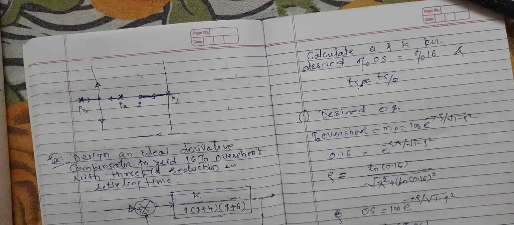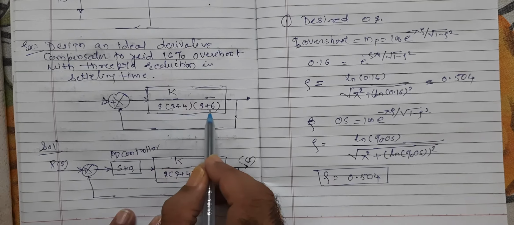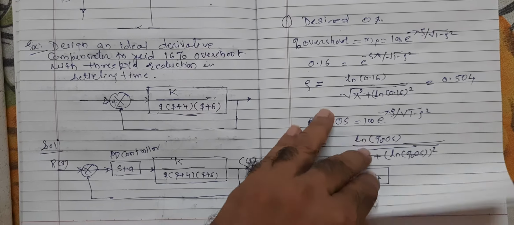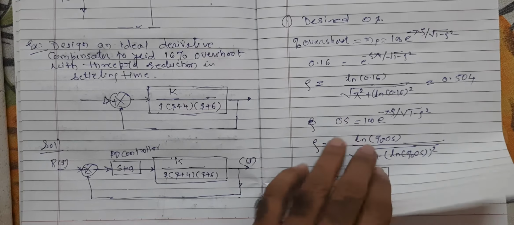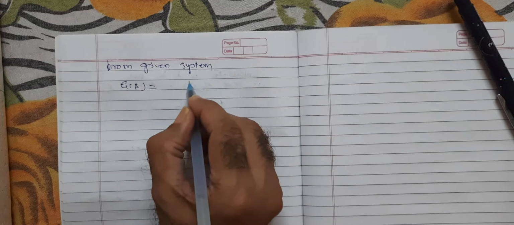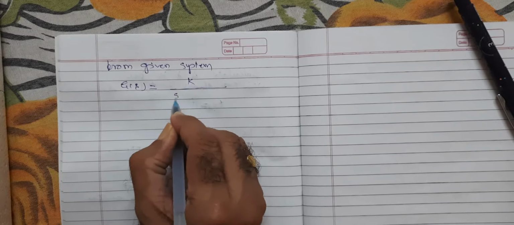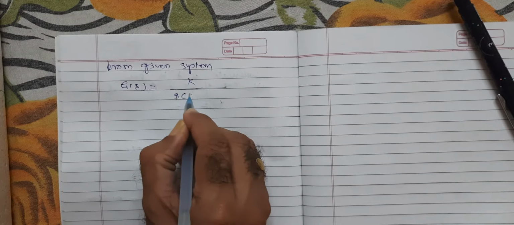Now what happens is, here this is my K divided by s into s plus 4 into s plus 6. This is my G of s from the given system. G of s equals K divided by s into s plus 4 and s plus 6.